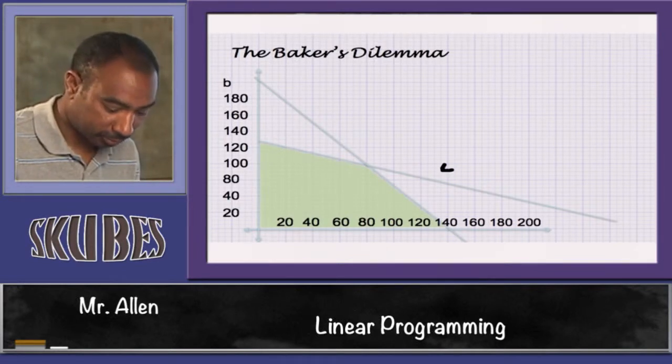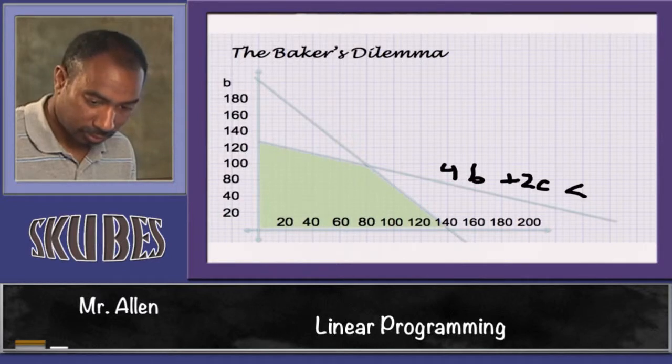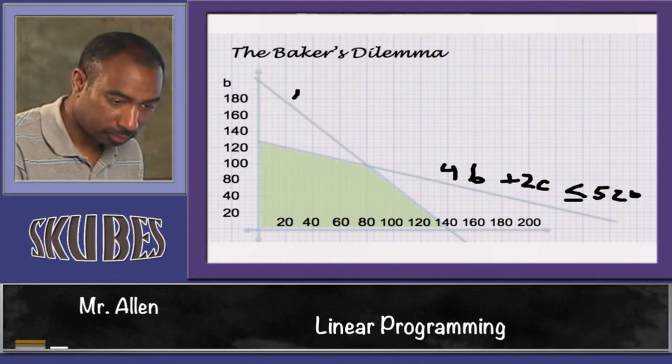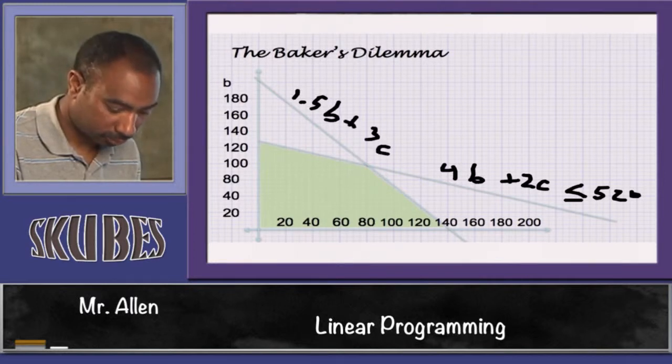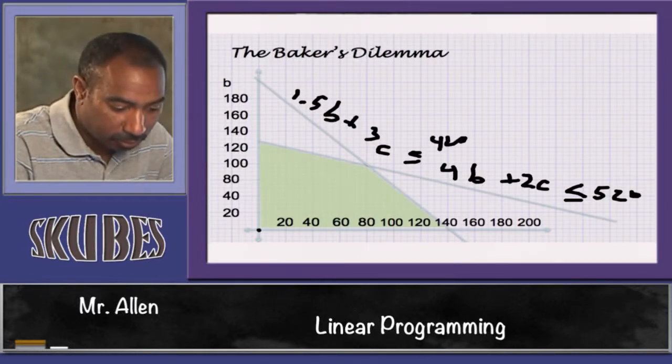I believe this is this equation here, and it's going to be shaded below, less than or equal to 420. But these are our corner points.